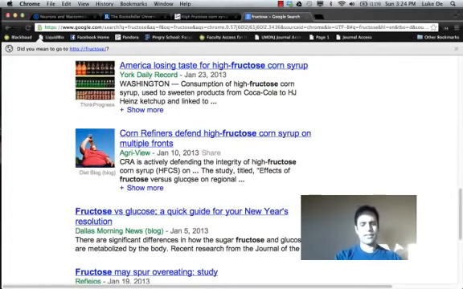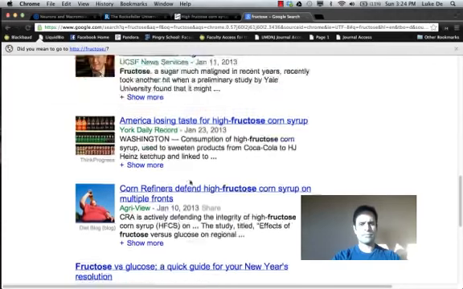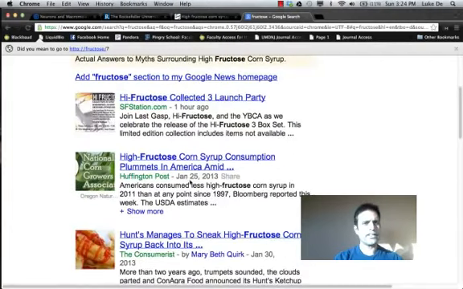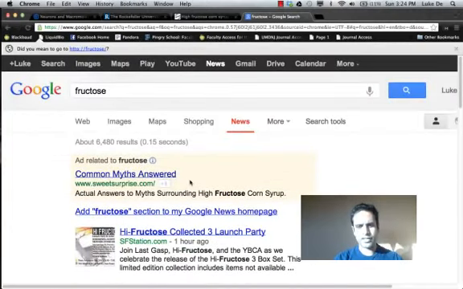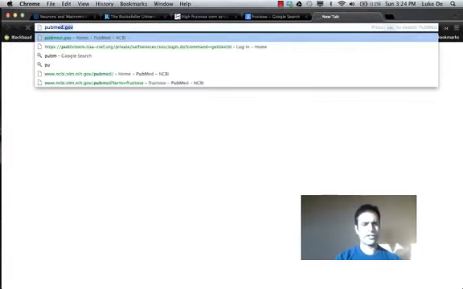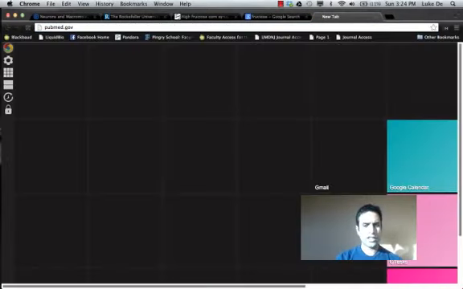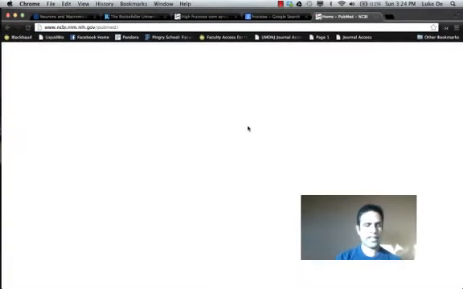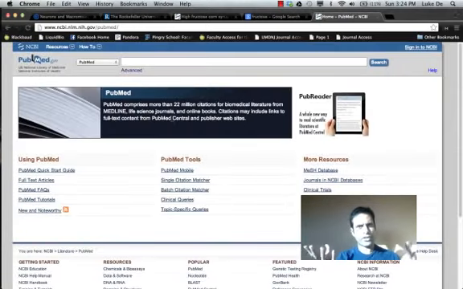So if we type in fructose, no, so let's try this. I actually came up with a couple links here. So the question basically is, is fructose any better for you or worse for you than other sugars? If you, for example, ate the same amount of fructose and the same amount of glucose, would you become obese in one case and not in the other?